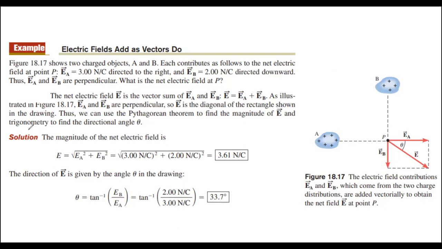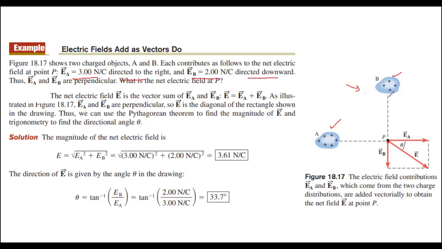Here's a figure that shows two charged objects A and B. Do you see them? Each contributes as follows to the net electric field at point P. EA is equal to 3 newtons per coulomb directed to the right, and EB is 2 newtons per coulomb directed downwards.